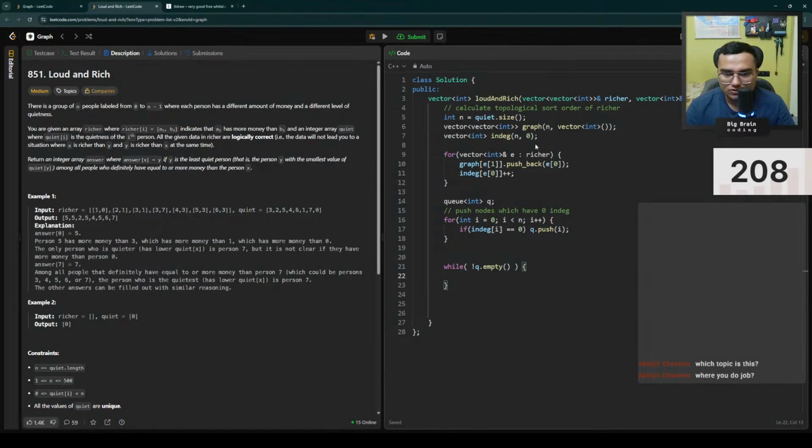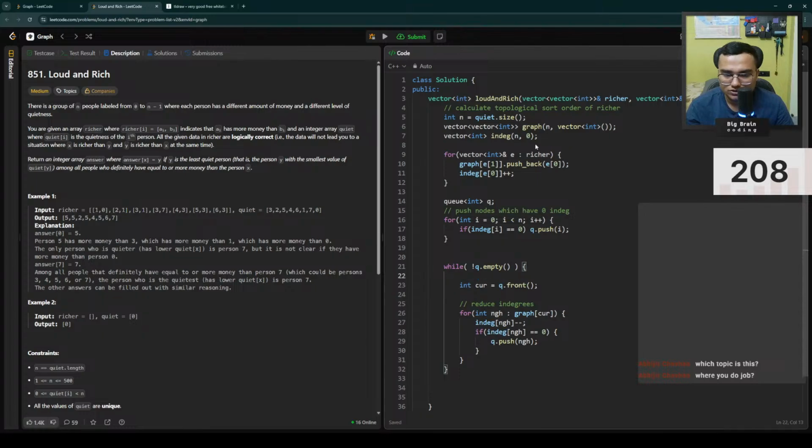Okay, while queue is non-empty, get the first guy, right? Current equals q dot front, reduce in degrees for int neighbor in graph of current, in degree of neighbor minus minus. If in degree of neighbor becomes 0, q dot push neighbor.